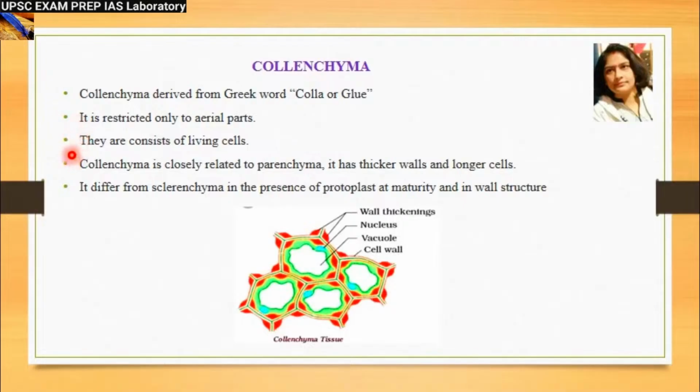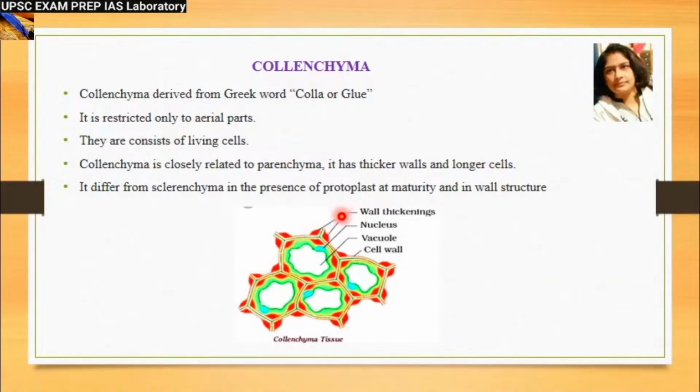They consist of living cells, but pectic substances are deposited at the corners of cells present in the outer region of the cortex of stem, leaves, petiole of dicot plants.